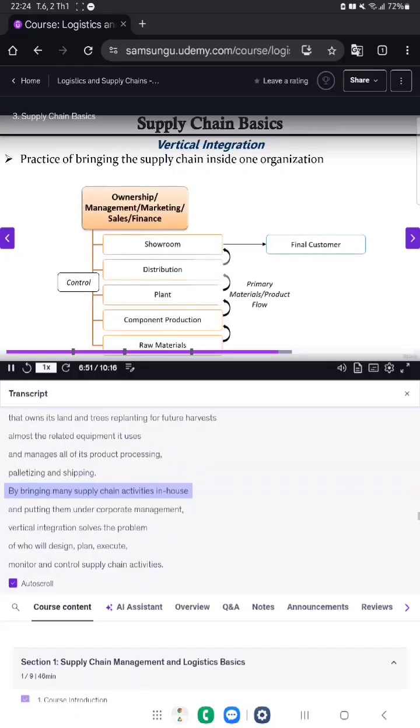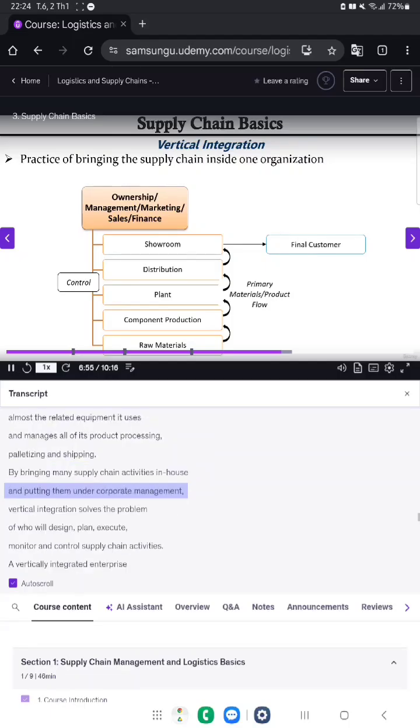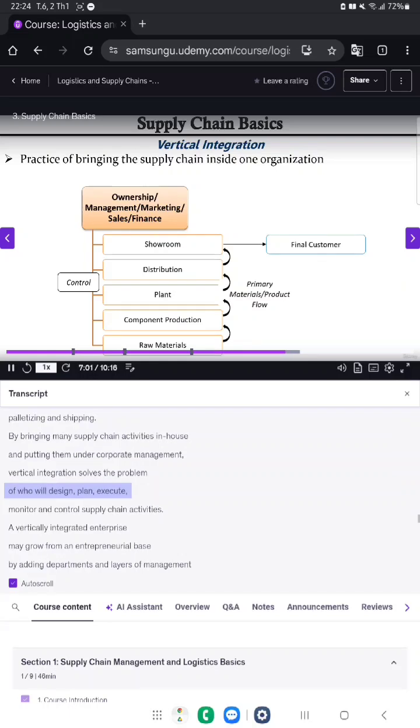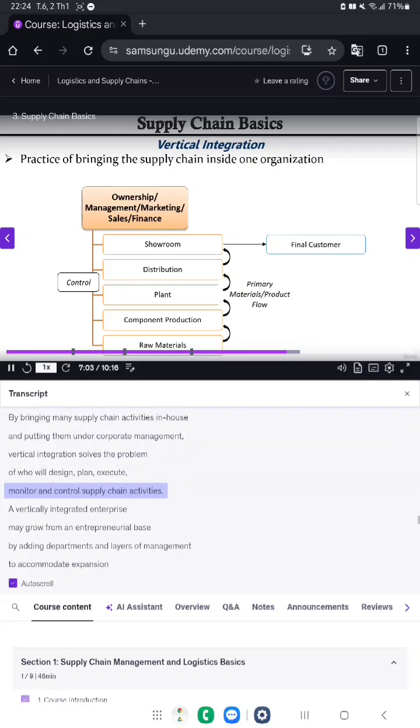By bringing many supply chain activities in-house and putting them under corporate management, vertical integration solves the problem of who will design, plan, execute, monitor, and control supply chain activities.